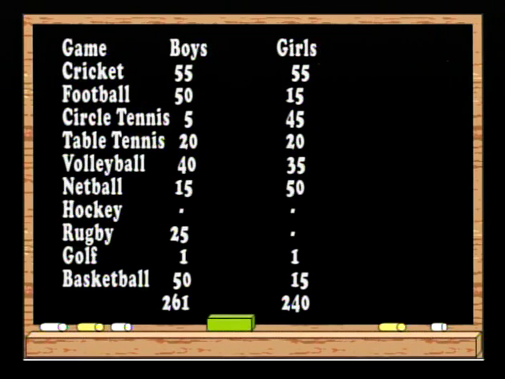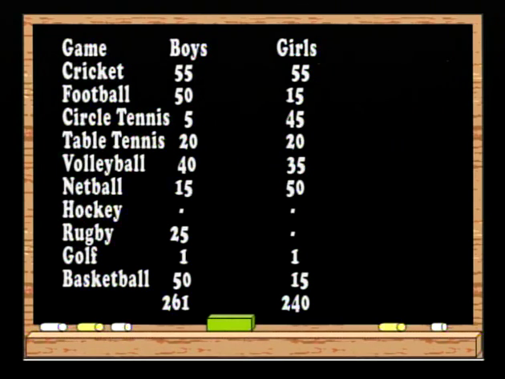Cricket recorded the highest participation by both boys and girls. There was equal participation by both sexes in this game as well as in table tennis. Golf recorded the lowest number of participants from both sexes. Only one boy and one girl played the game.